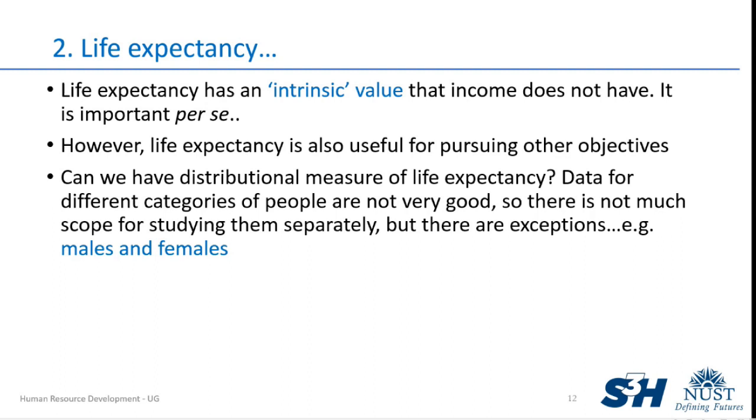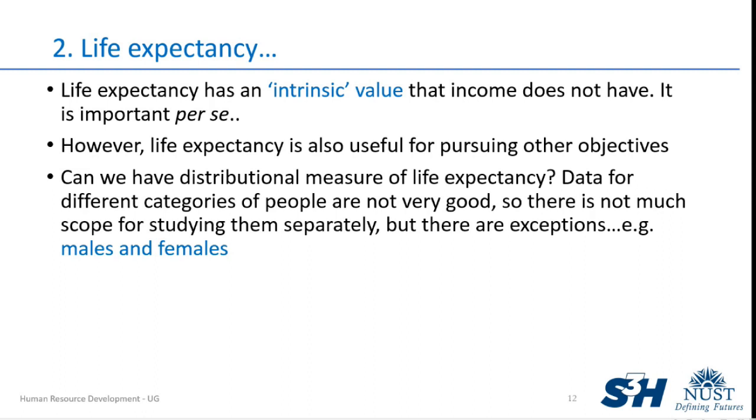So a measure of life expectancy tells you that if you can eat well, if you have good health access, then you live longer. So it indirectly tells you that there is a good quality of life, at least in terms of health, in that country. So the higher the life expectancy, the higher the level of development, human development. This is why this measure is used.